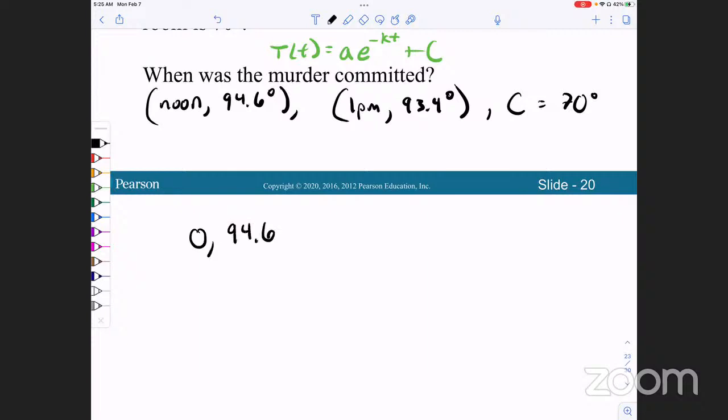We got 94.6 degrees. After 1 hour, we got 93.4 degrees. And the room temperature was 70 degrees.